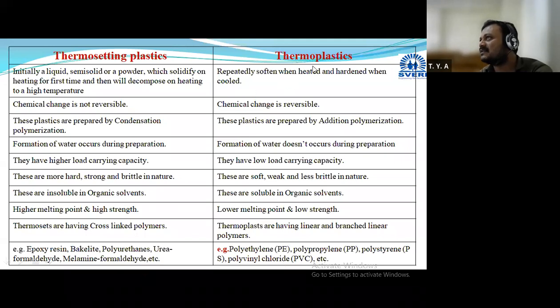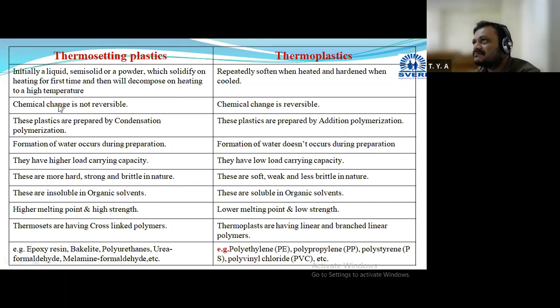Then thermoplastic materials repeatedly soften when heated and harden when cooled. When you provide heat, it will become soft and you can give it shape like this. Here you can give heat once, and after it is hardened or solidified, you cannot change its shape. That is thermosetting plastic.